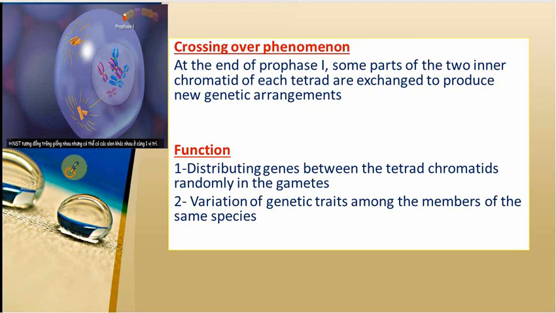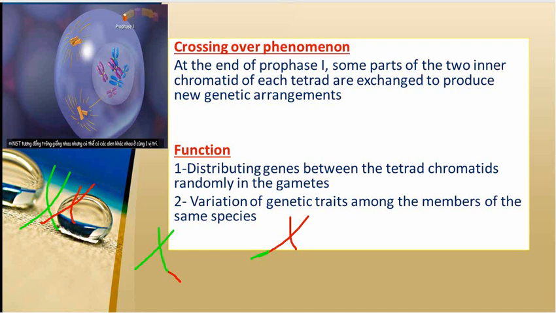We have, for example, this green chromosome, and we also have this red chromosome. But after the crossing over phenomenon, we have red, and it took part of the green chromosome, and green, and it took part of the red chromosome. So it will be a new arrangement, new traits. It makes a difference.